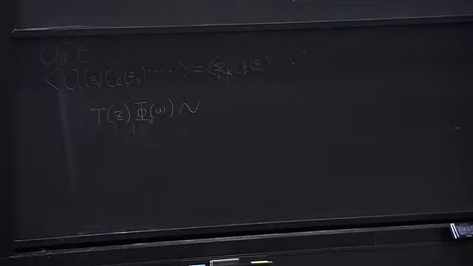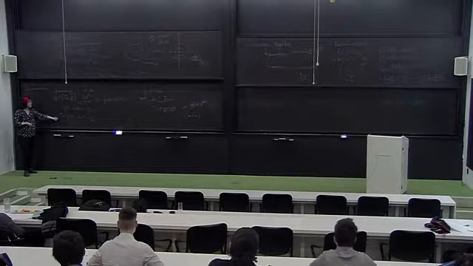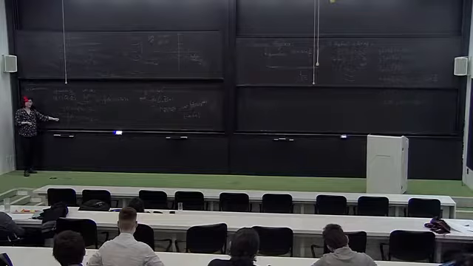So how do we do that? I need to show up here, right? If I somehow can find another expression of this guy, I will be able to find the OPE.